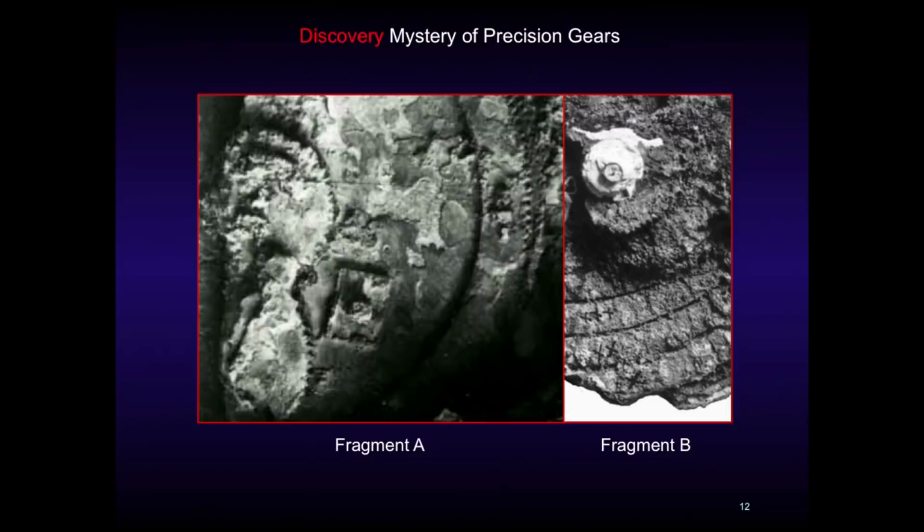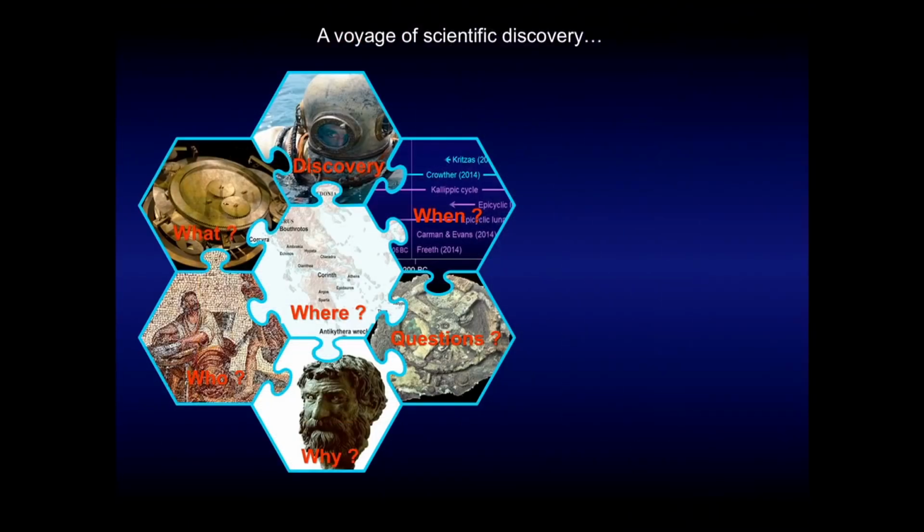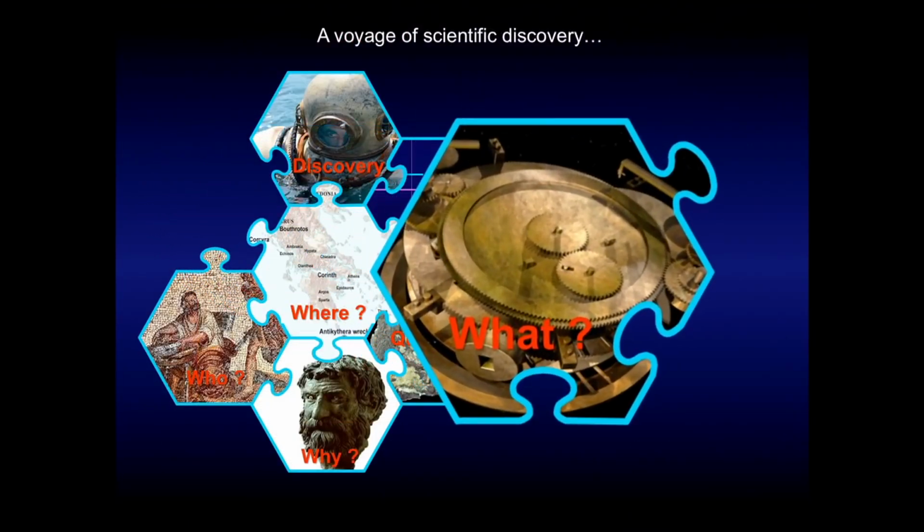These were precision gears with teeth about 1 millimeter long. It was a truly shocking discovery. They simply should not have been there in an ancient Greek artifact. So the key question was, what on earth is this object? And I'm going to spend most of this presentation telling you some of the answers to that.